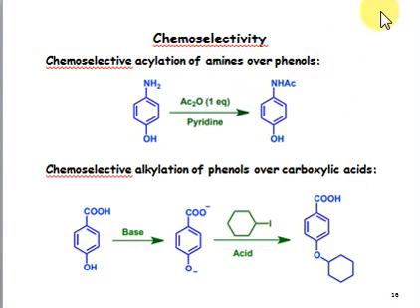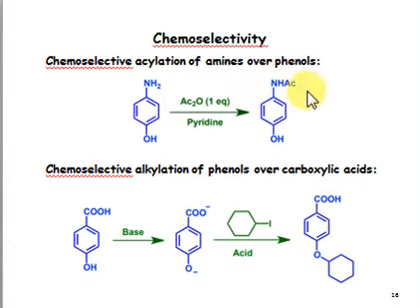In considering the acylation, here we have NH2 and OH, and both groups can be acylated, right? You can have an acyl group here and you can have an acyl group here. But if you prefer to have the acyl group on nitrogen, then we say this is N acylation. And if you prefer the acylation on the oxygen, we say it is O acylation, right? In this specific reaction, we are preferring N acylation.